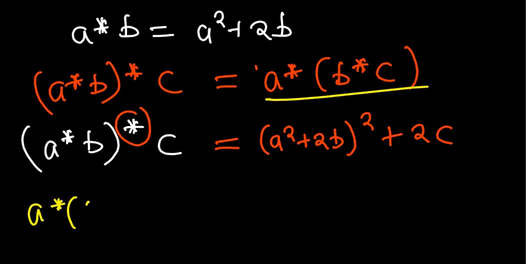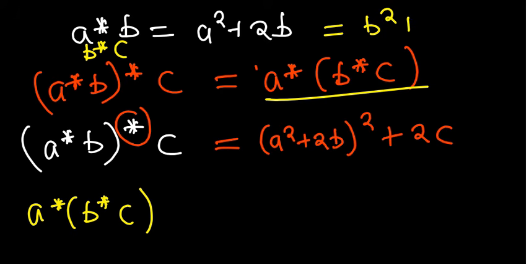Now we can handle the other part, the right hand side, which is a star (b star c). We need to find b star c since it's not given. If we substitute b star c directly, we're going to have b squared plus 2c. So that is what is denoting b star c. So substitute. The first part is a, which is a itself, so it will just remain a squared.